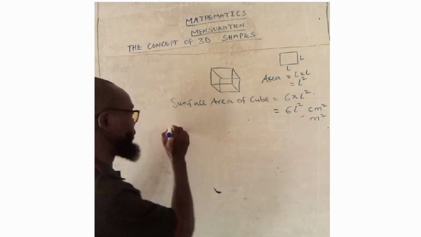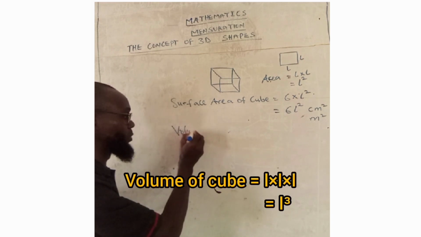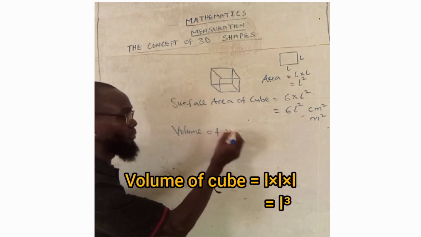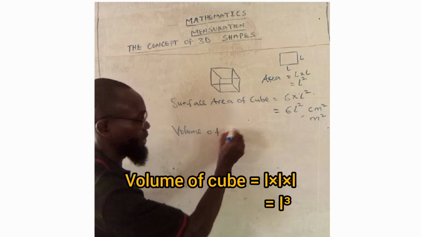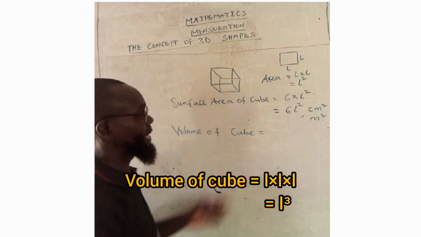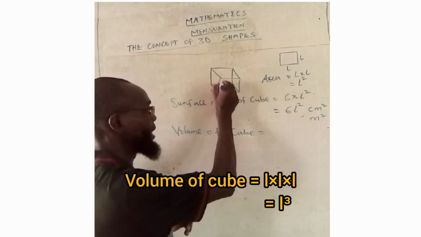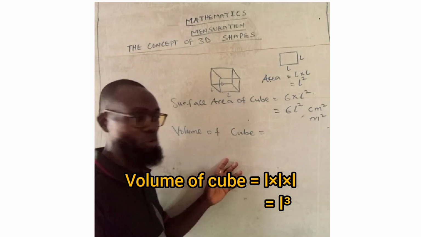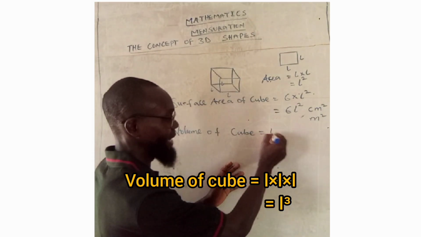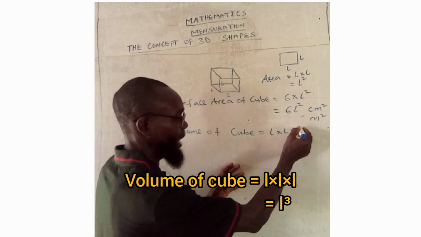Now, what of the volume of a cube? Since a cube is made up of length all around, we have length, length, and length. The volume of a cube is length times length times length.